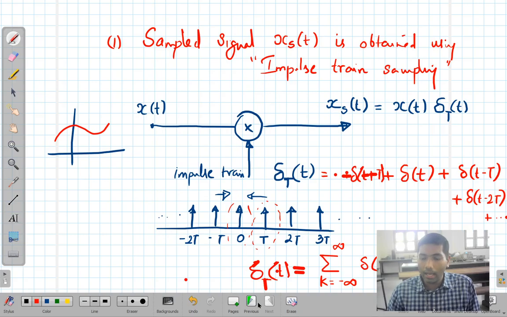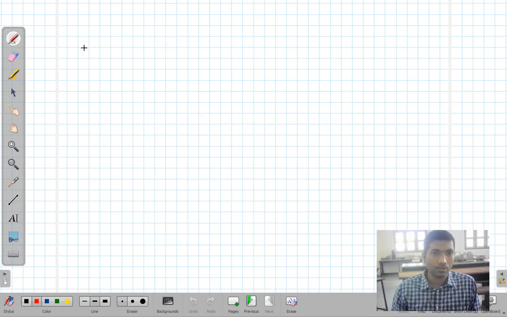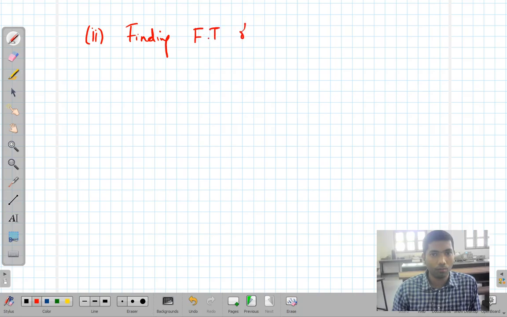Another thing that you need to understand, the critical step, is finding the Fourier transform of the sampled signal. So the second thing that you need to understand is finding the Fourier transform of the sampled signal.